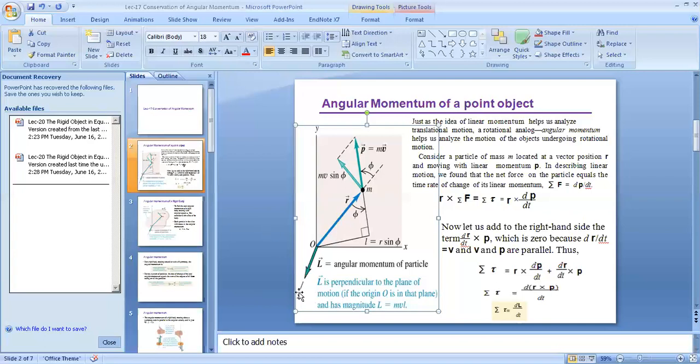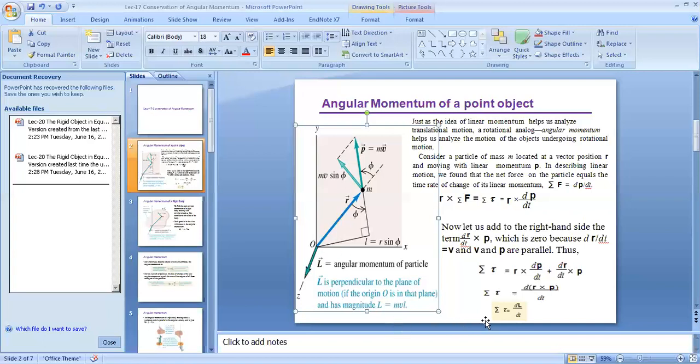If this is the z-axis, as per our assumption, this is the axis of rotation which is passing through pivot point O. And if the rotation about the axis of rotation or about the pivot point is in clockwise direction, then the angular momentum will be directed along the negative z-axis.